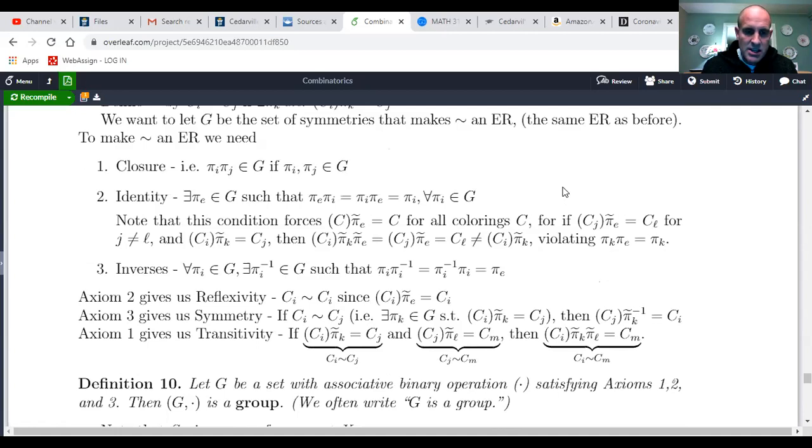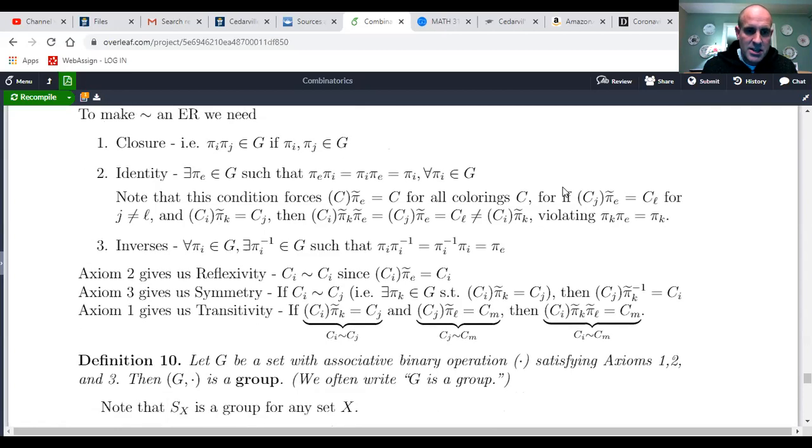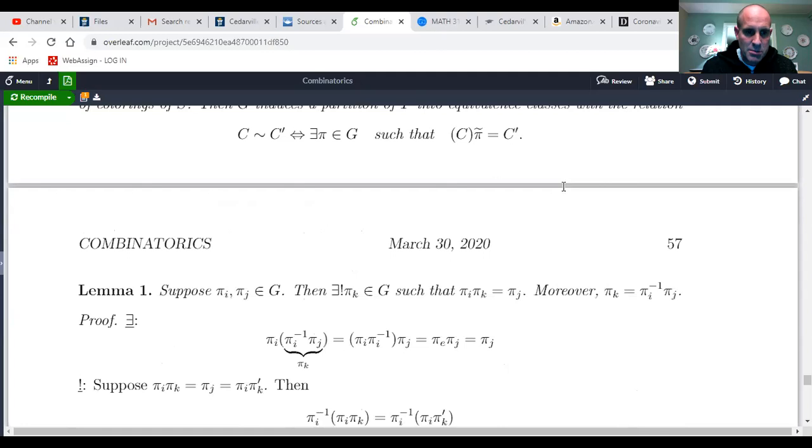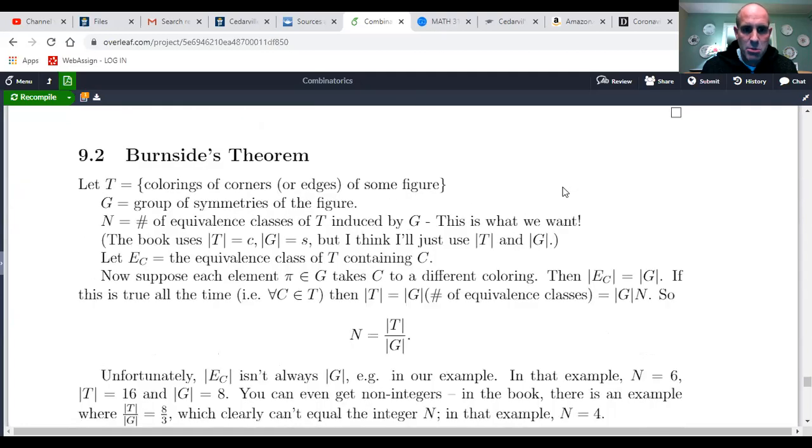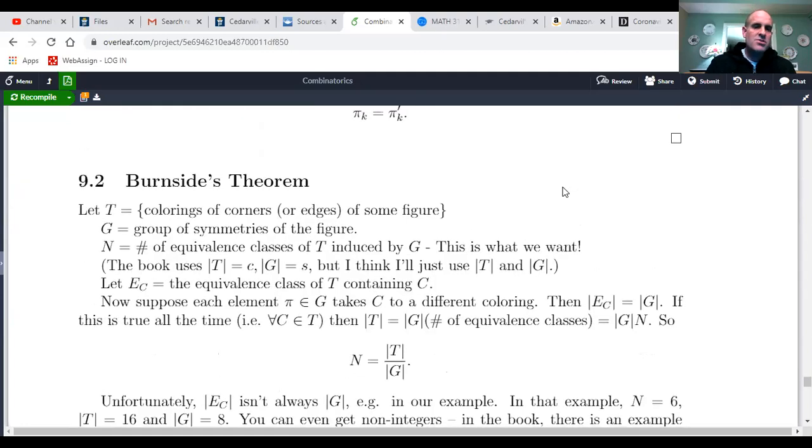Okay, so for any collection of permutations that satisfy those 3, this theory we're about to develop is going to apply. We don't have to have them all. If we just have some group of symmetries that works, it would be fine. So for instance, we might restrict our attention to a group of rotations. That would be perfectly acceptable.